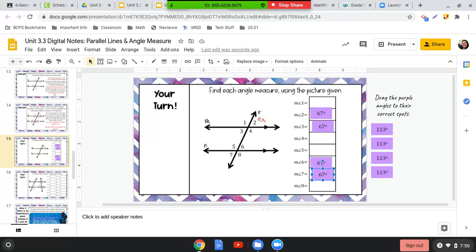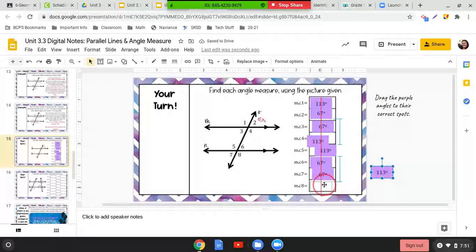So all of our obtuse angles are going to be 113 degrees. So bam, we already know we have 113 degrees on all of these because these are our leftover obtuse angles. Bam, we did it.